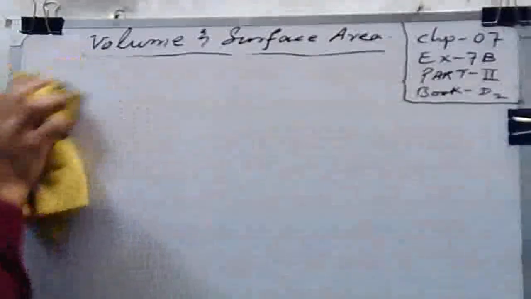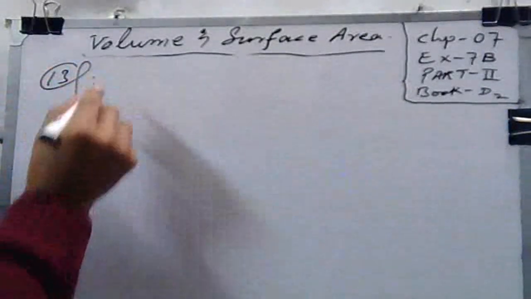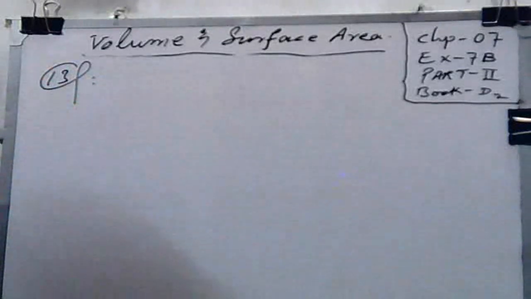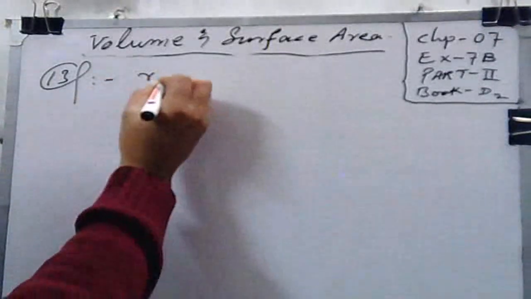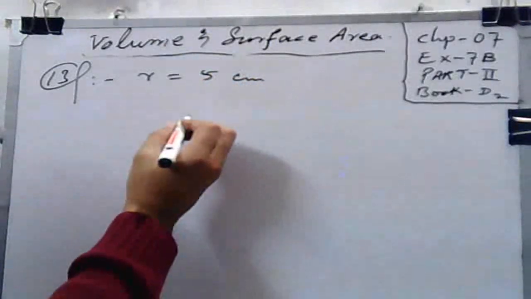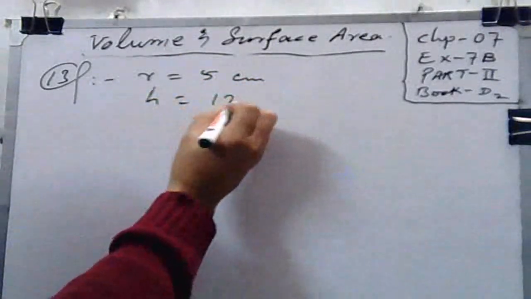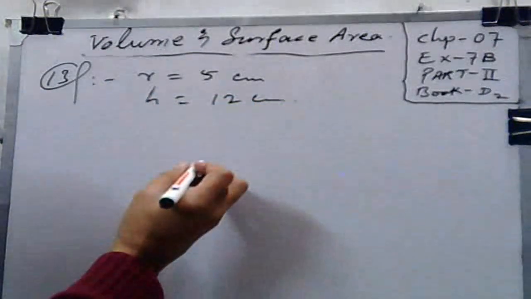Now coming to question number 13. In question number 13, a cone has a circular base of radius 5 centimeter. So the radius of the circular base, r, is equal to 5 centimeter, and the height of the cone is equal to 12 centimeter.